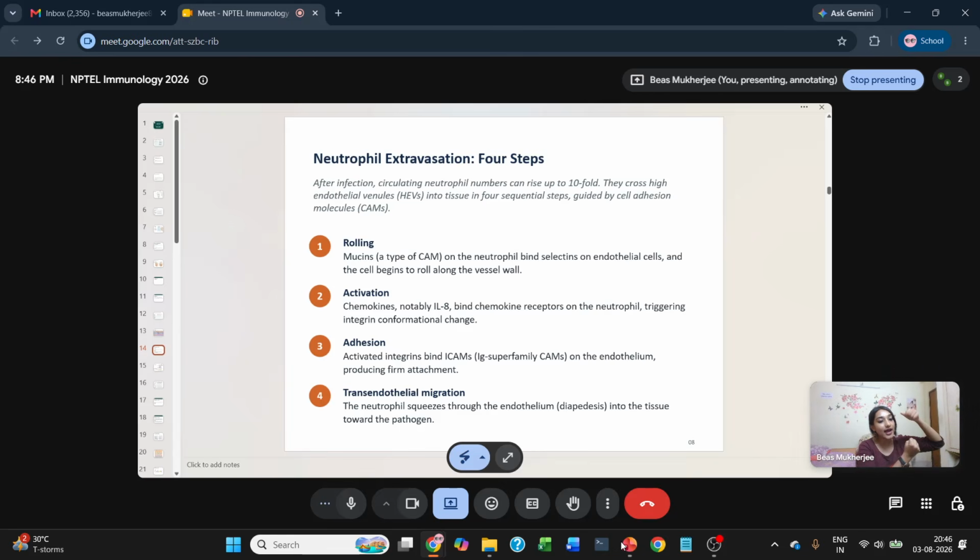This results in adhesion or attachment. So these are all sequential steps, right? And finally what happens is transendothelial migration, that is the neutrophil squeezes through the endothelium and then through diapedesis. Diapedesis means it is moving like an amoeba and it is going into the tissue towards the pathogen.